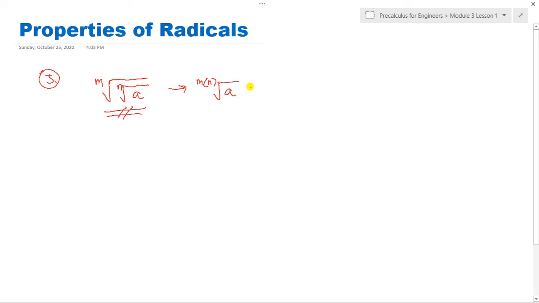Kasi kapag i-convert this, if we want to verify this, if we want it in an exponential form, it will look like this. You have here a raised to the power of 1 over n, kasi nth root. Then, pinapasok pa siya sa ibang radical expression, which is mth root.